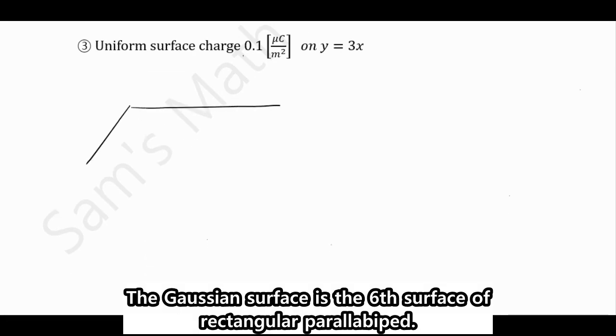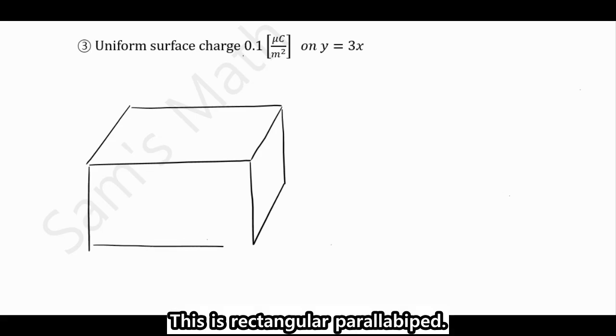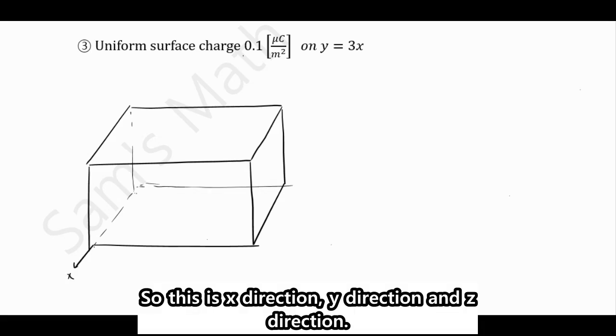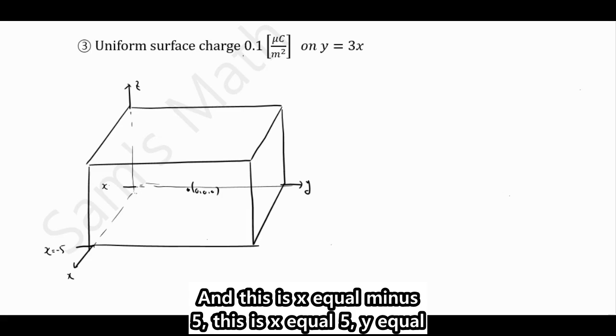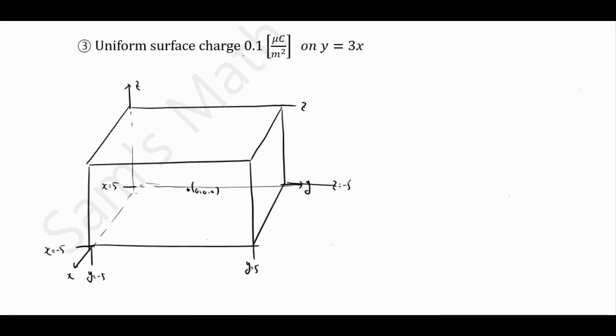The Gaussian surface is the six surfaces of the rectangular parallelepiped. So this is the x direction, y direction, and z direction. And this is the origin. And this is x equal minus 5. This is x equal 5. y equal minus 5, y equal 5, and z equal minus 5, z equal 5.